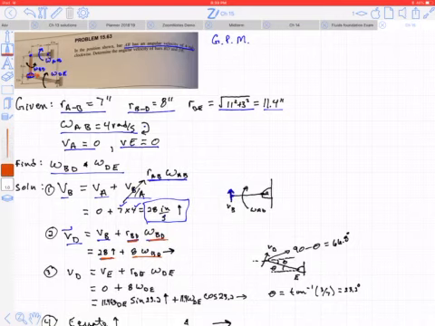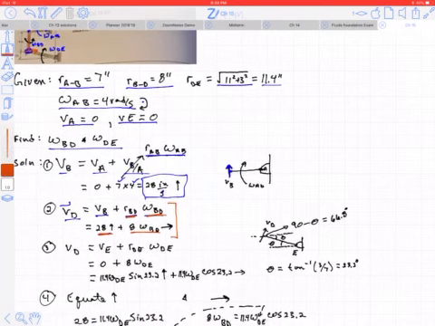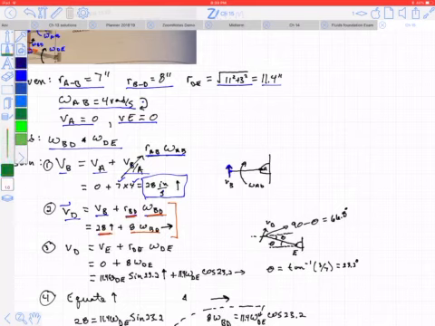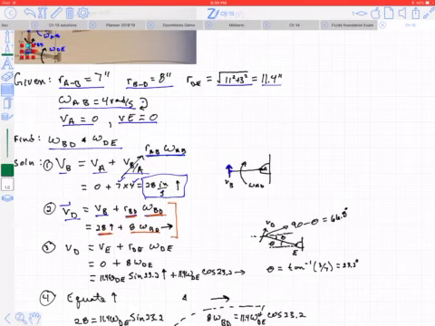So what we did here is we found the velocity at D coming from point B. Well, D is also a special point in that it is the one point in common between BD and DE.